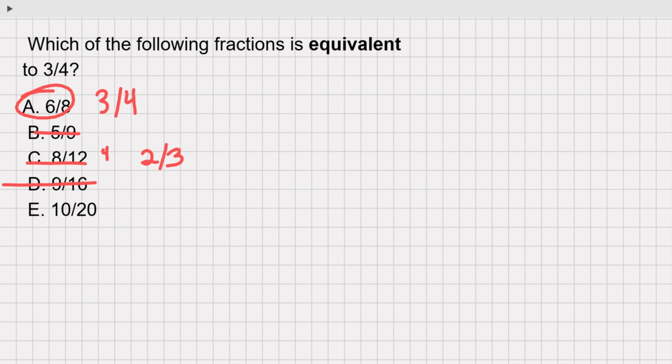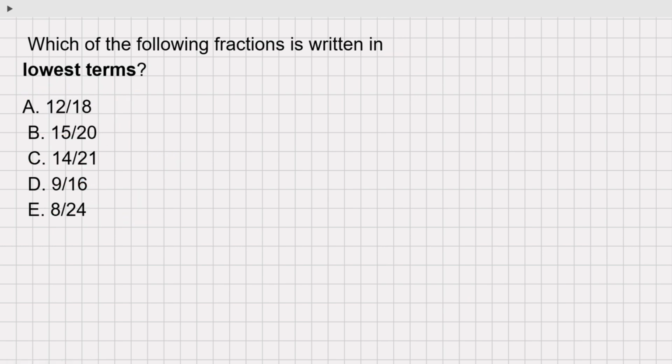You can't simplify that. And then with E, you can divide them both by 10, actually. You can divide by 5, and then you can do 2 again, and you'll be fine. But you'll get 1/2 in the end. So we continue on. A is our answer there.